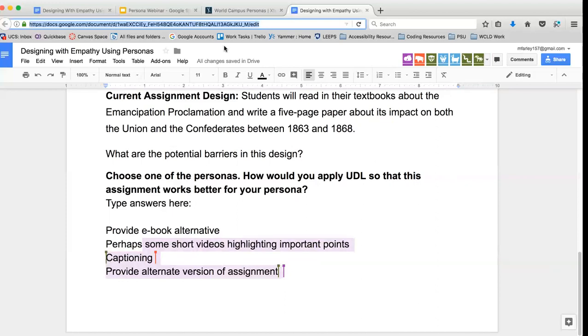Yeah, so what would an alternate version of that assignment look like? How might you change the parameters?